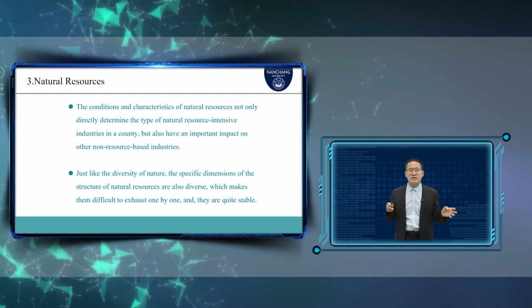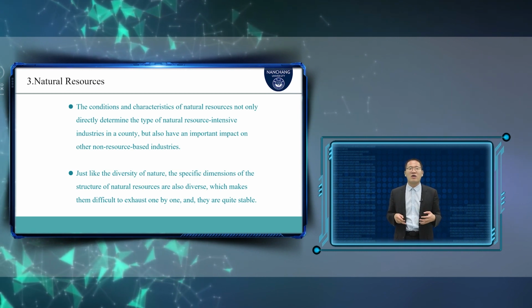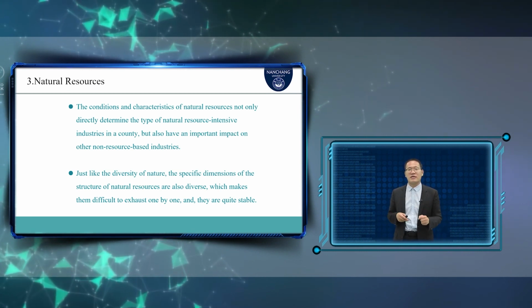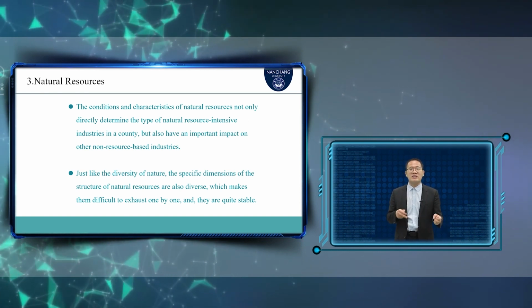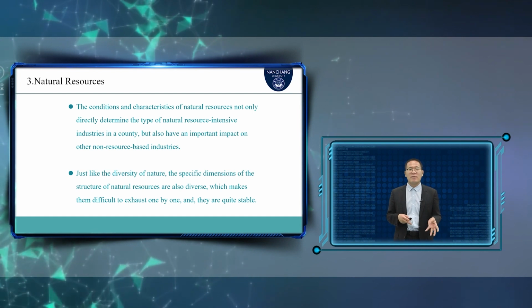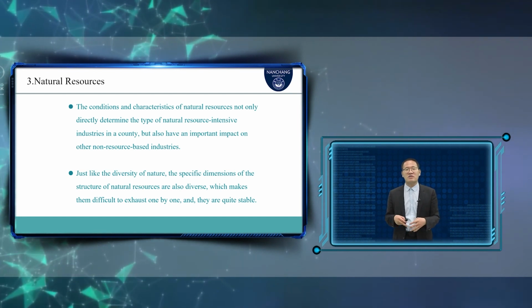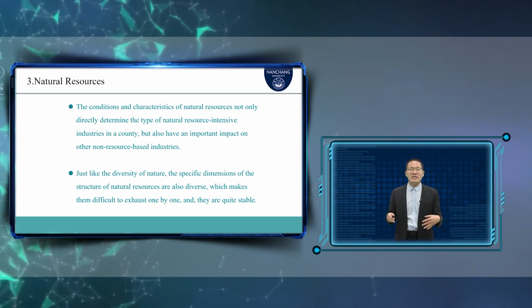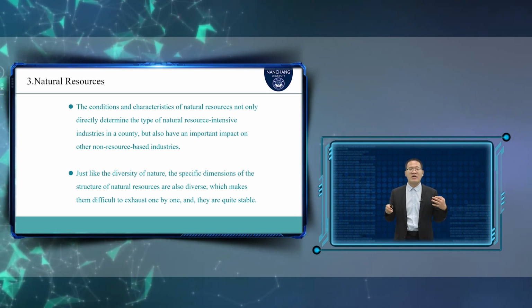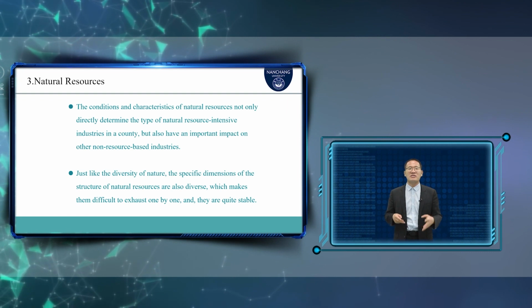The terrains are diverse, with mountains, plateaus, basins, plains, and hills, all distributed across the nation. There are high mountains, widely spreading in the west, with plateaus and basins. The eastern region is flat and low altitude, dominated by hills and plains.